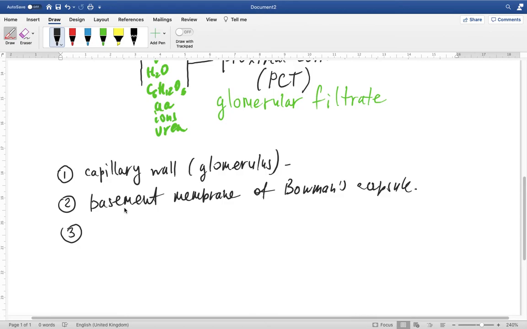But that barrier of filtration is known as specialized cells called podocytes.